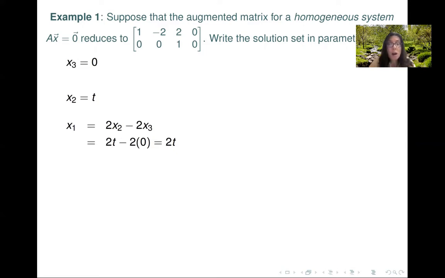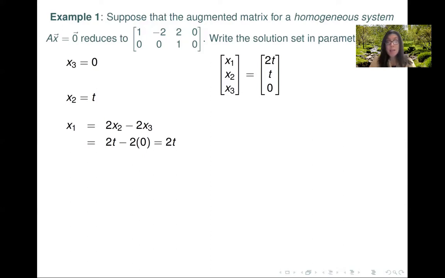Solving that for x1 tells me that x1 is equal to 2x2 minus 2x3. Then substituting x2 equals t and x3 equals 0 into that equation gives me that x1 is equal to 2t. So I have the solution x1, x2, x3 is equal to 2t, t, 0. And that's the parametric solution.